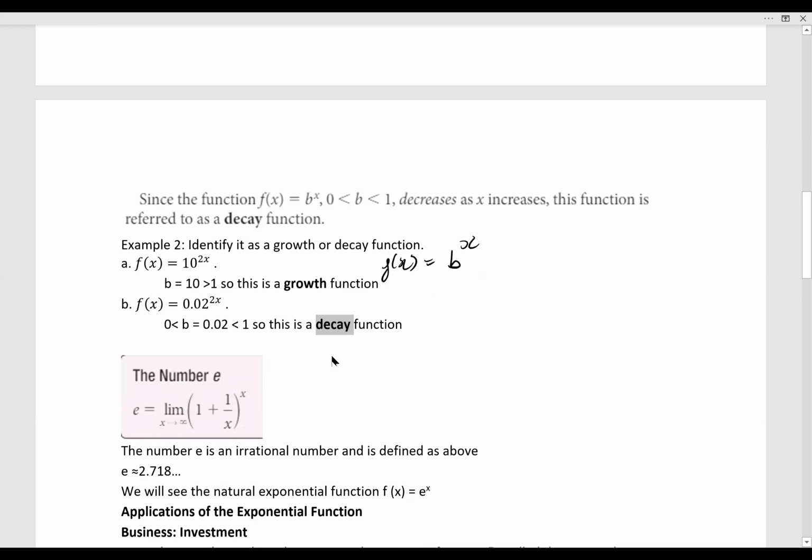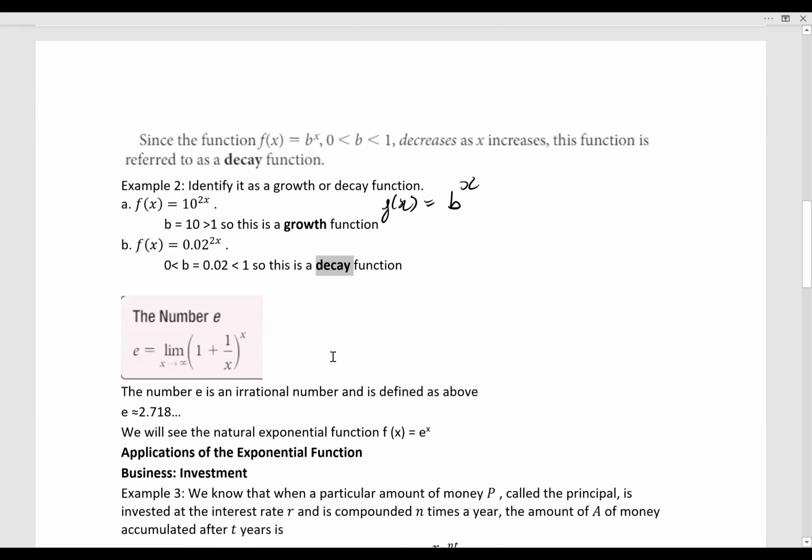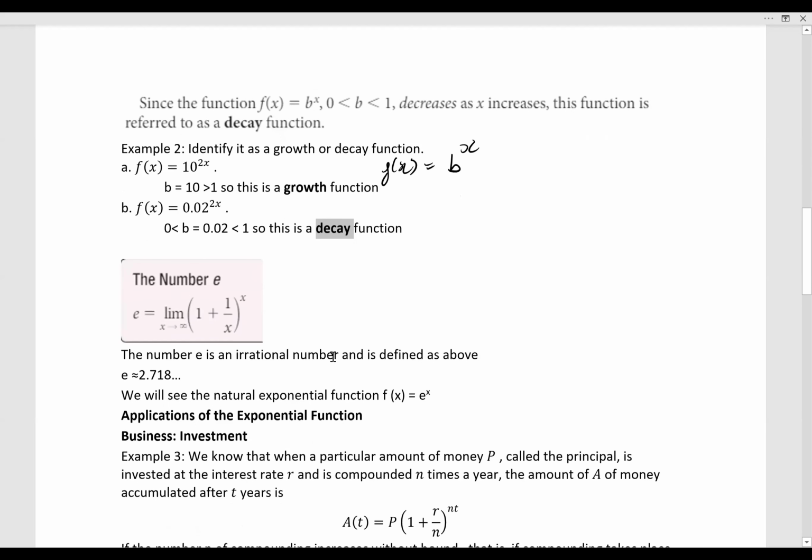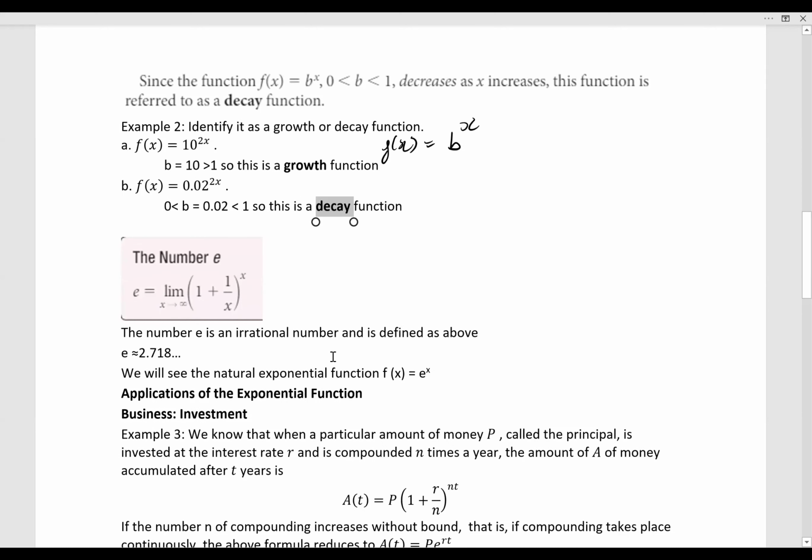So now I would like to talk about the number e, or natural number. If you still remember, in a previous algebra course you have learned the number e already, and at that time your professor gave some general definition for you.